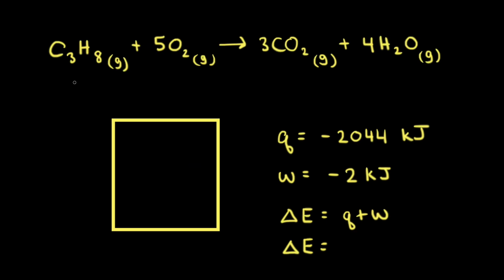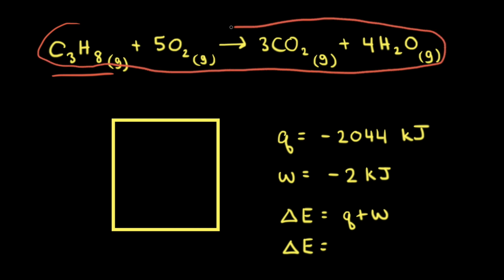Let's apply the first law of thermodynamics to the combustion of propane in an open container at constant pressure. For the combustion of propane, the reactants and products for the combustion reaction are considered to be the system, and everything else is the surroundings. So this combustion reaction gives off 2,044 kilojoules of energy.